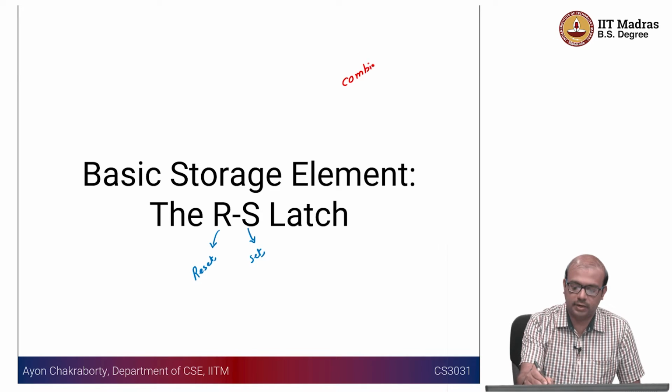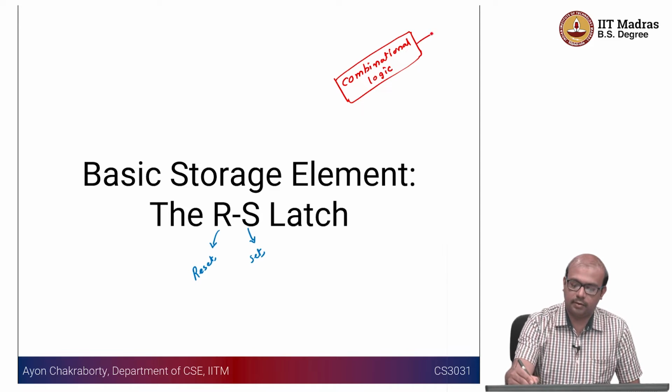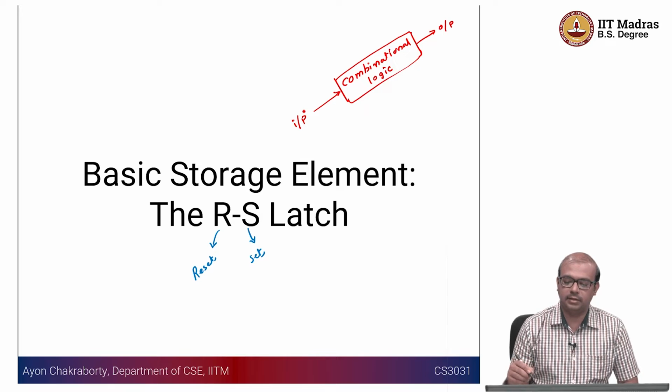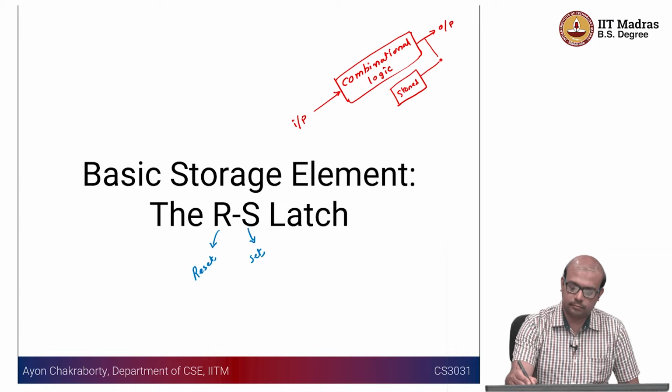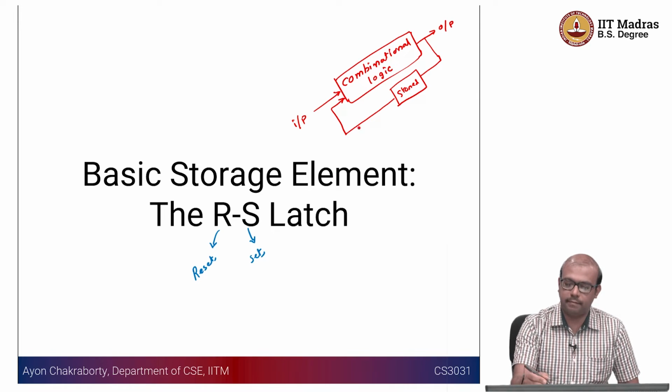So this is combinational logic, where you have outputs which are dependent only on the inputs, right. Whereas in some cases it might be that the outputs could also be stored in some way and provided as a feedback to the above circuit as shown, right.